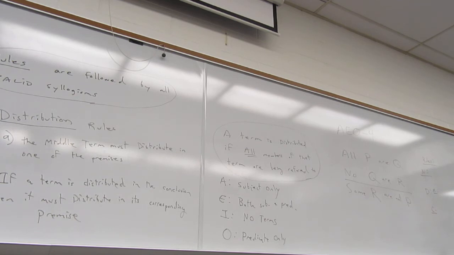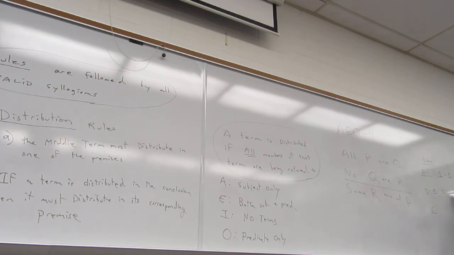This one does pass the negation test. Why? Because my conclusion is an O, which is a negation, and only one of my premises is a negation. So this one passes the negation test. By process of elimination, there's going to be some kind of a distribution problem. Does my middle term distribute? The answer is yes.